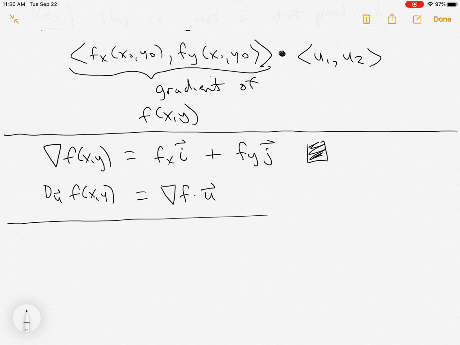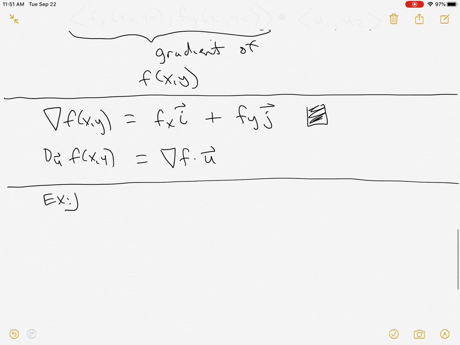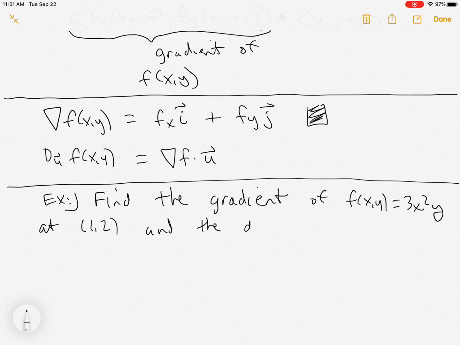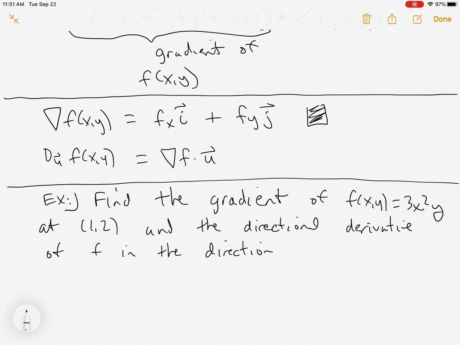Well, I had to get all that out, so there it is. Now let's do an example. I want to find the gradient of the function f of x, y equals 3x squared y at the point (1, 2), and the directional derivative of f in the direction of u, which equals 3i plus 4j.